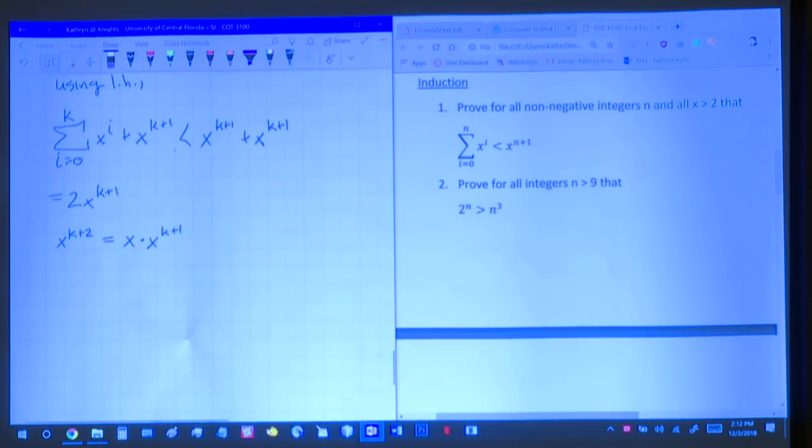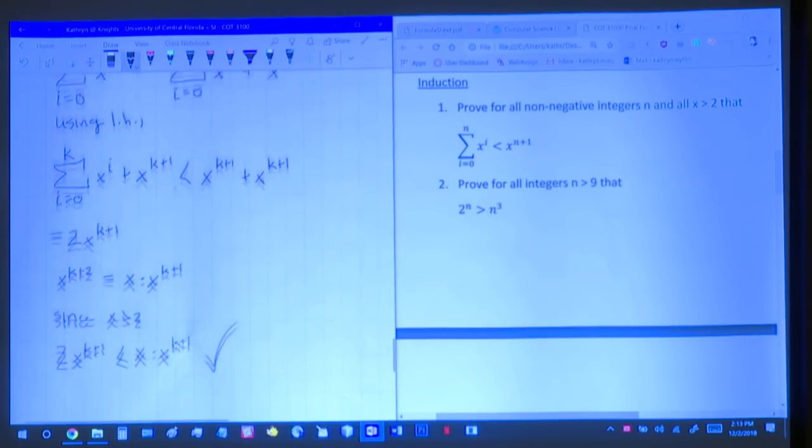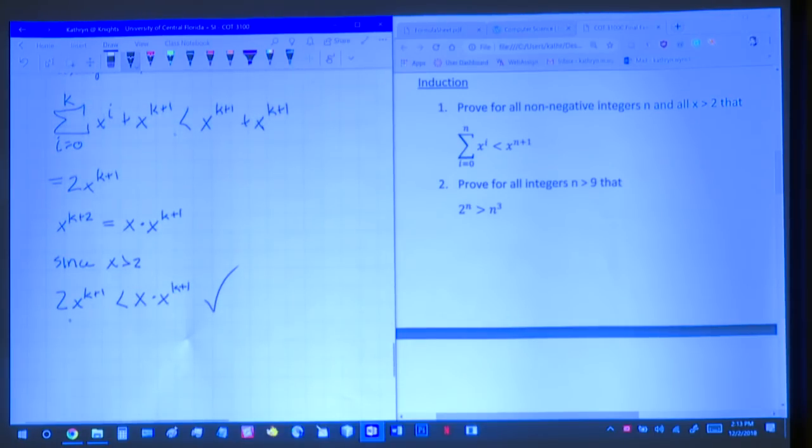So since we're given that x is greater than 2, we can say that 2 x to the k plus 1 is less than x times x to the k plus 1. And that's it. That proves our statement. Since we're able to manipulate the left side in such a way that we can clearly see that the left side is less than the right side, that's all we have to do.